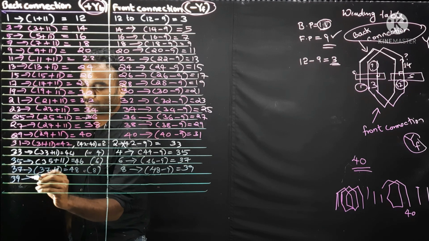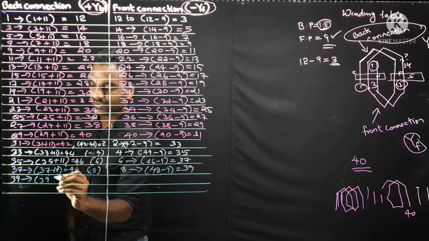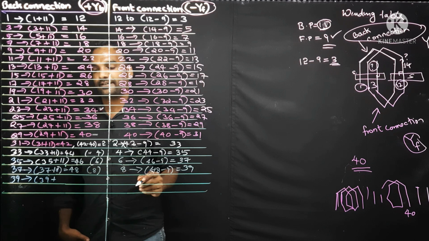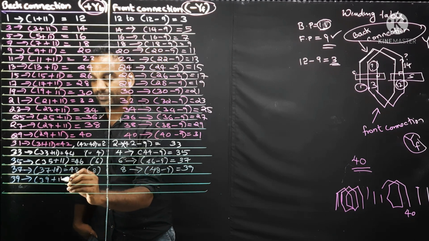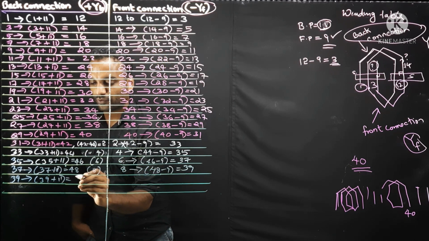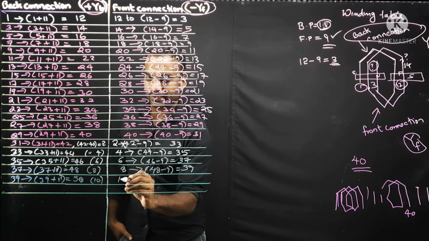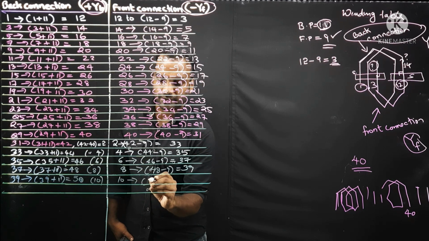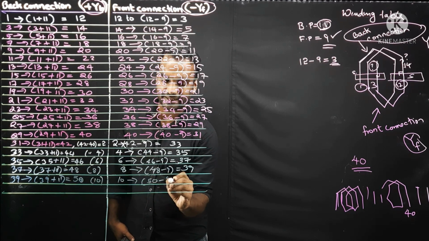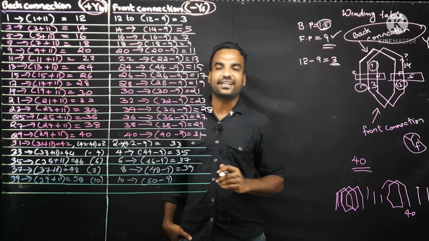Now 39 plus 11 is equal to 50, that is nothing but 10, and from 10, 50 minus 9. What is 50 minus 9?